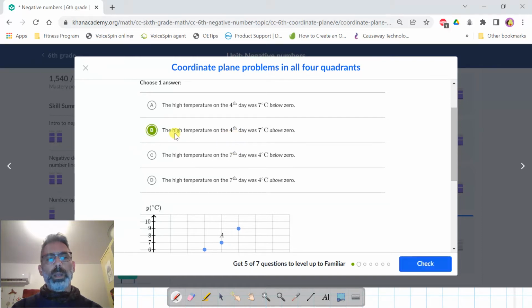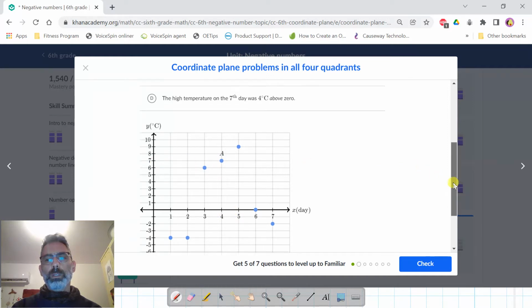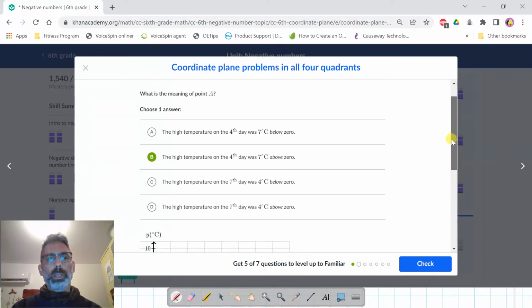Okay, so the high temperature on the 4th day was 7 degrees Celsius above zero. That is the meaning of point A.